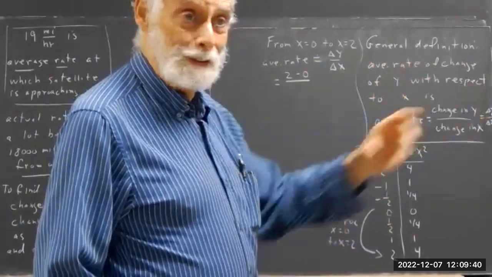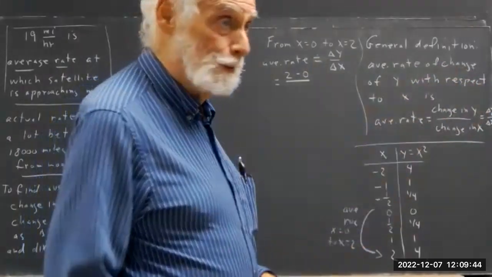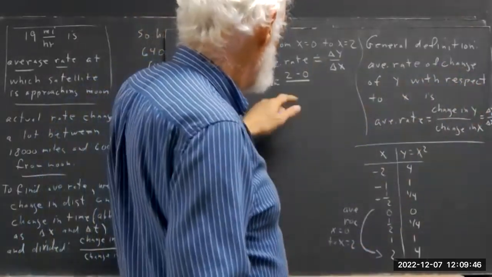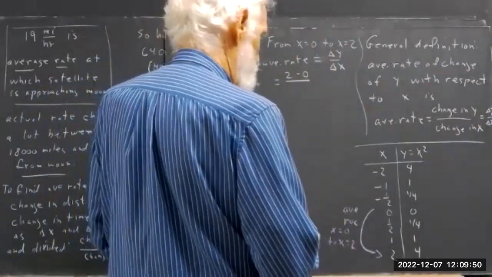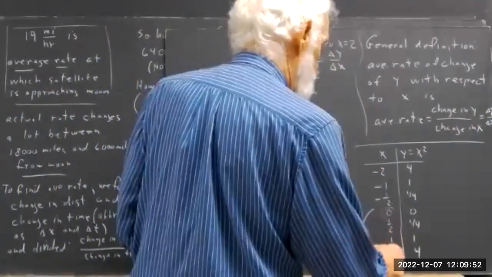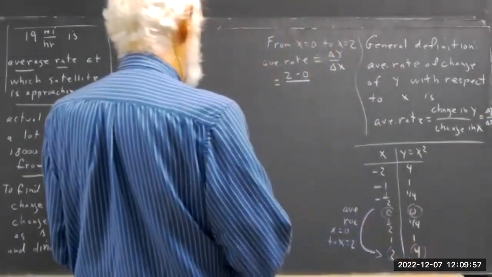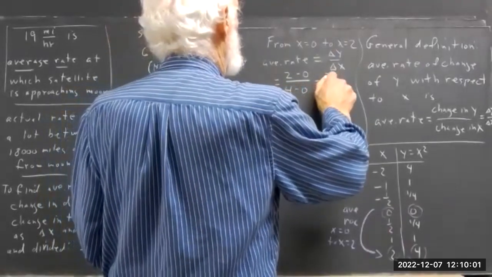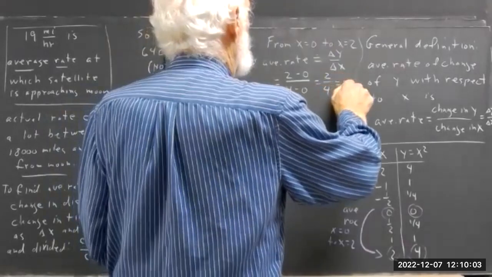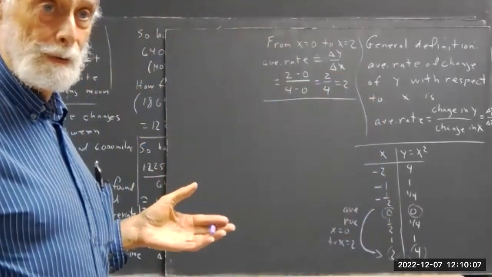If you go from 30 to 10, you actually go negative 20 miles, in the negative direction. So we got 2 minus 0 there, and those are our two x values, and our two y values, 0 and 4. So that's kind of a complete calculation.